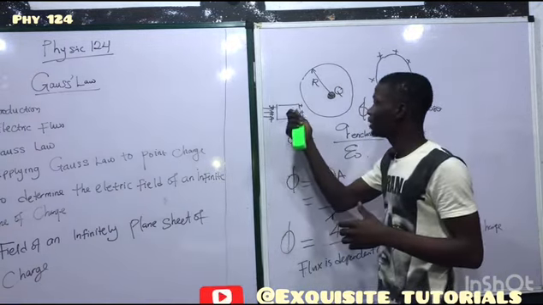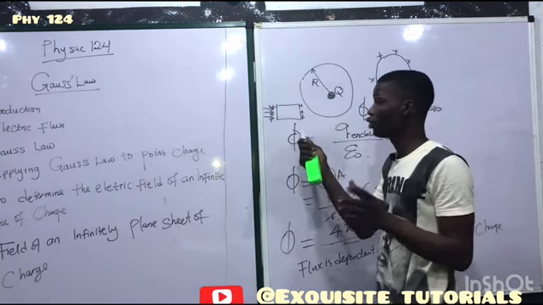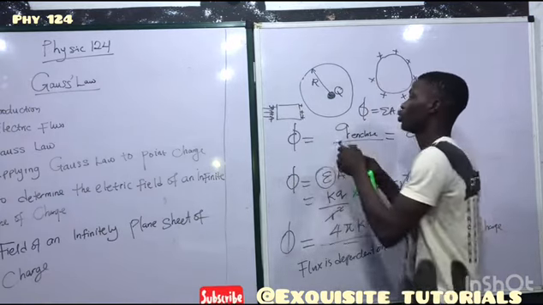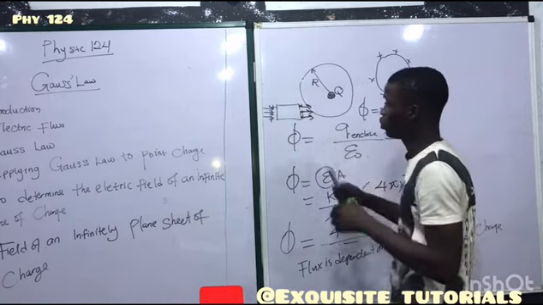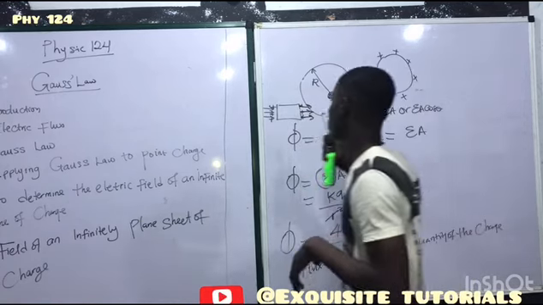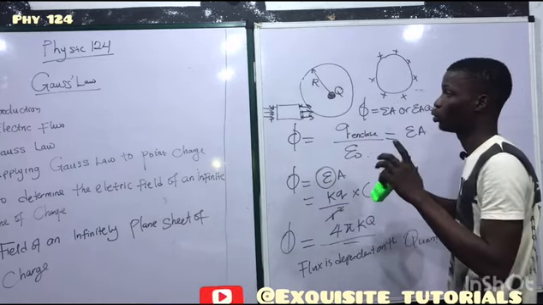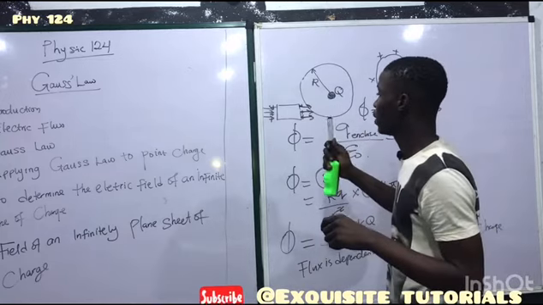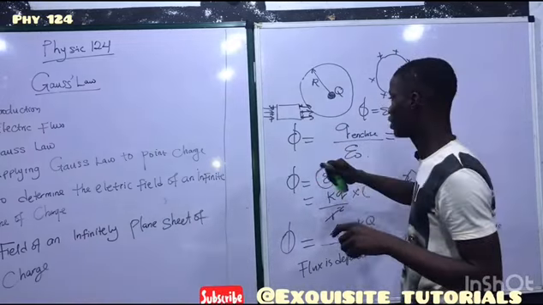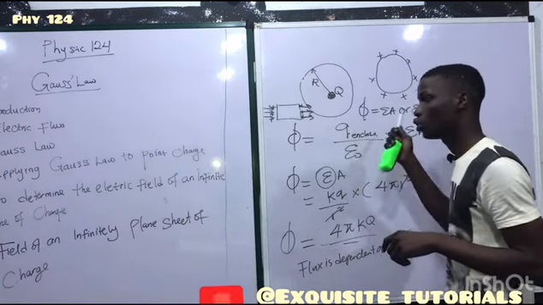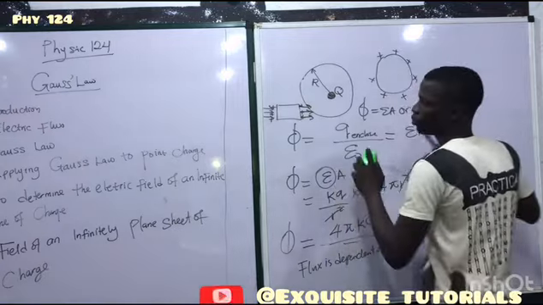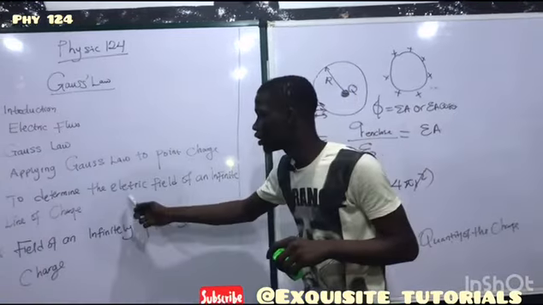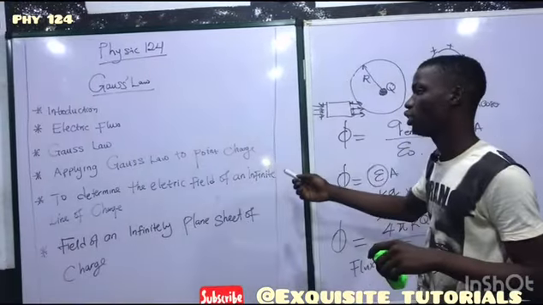But at this part where there is space, there won't be any flux, but rather it will just jump to the other part and come out from here. So that is my point, the special part you need to know. You must take note that electric force is dependent on the charge and is also dependent on the electric field intensity of a substance.